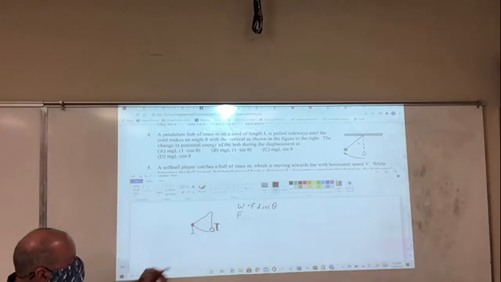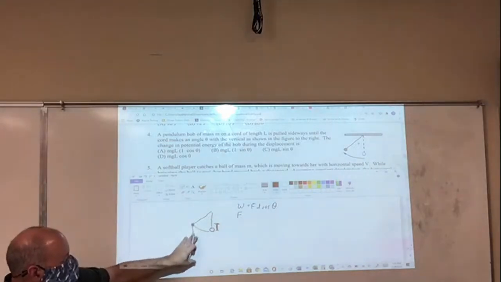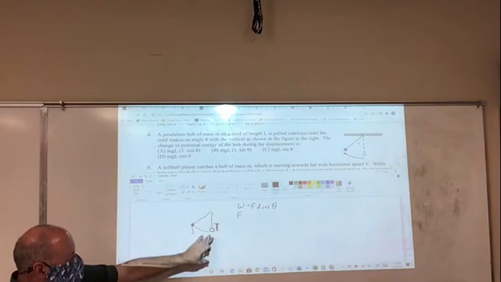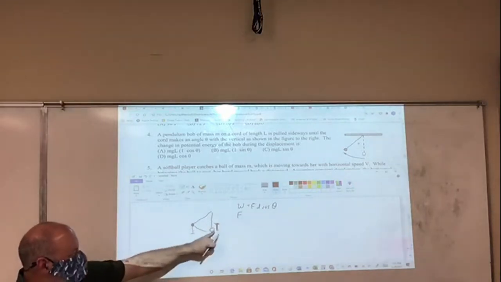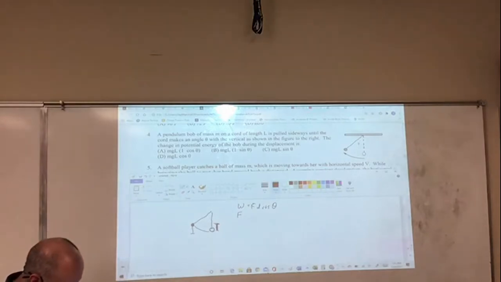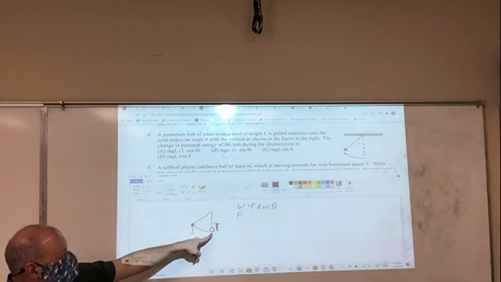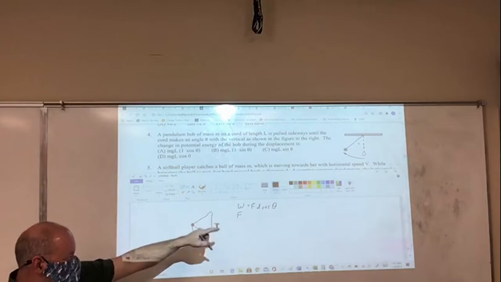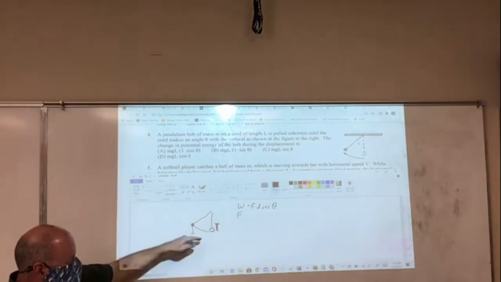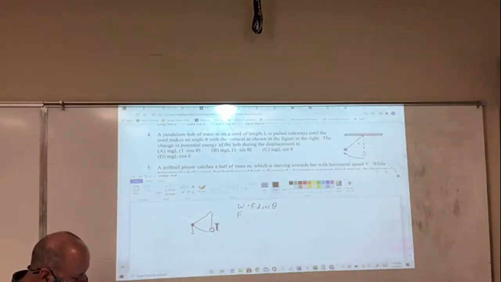Our force is taking it upward, and the direction of the motion is also upward, because that's the thing we're trying to figure out here. So cosine of theta is going to come into play, but not in the way you think, because the angle is 0, and the cosine of 0 is 1. So it's just going to be force times distance.